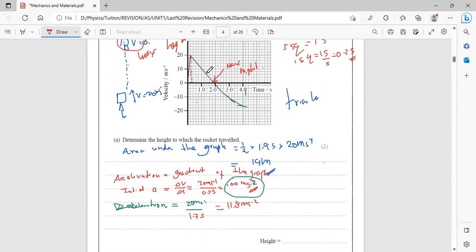Then it decelerates in the second part. So that can be found from the gradient of this part of the graph. Height is again 20. The time taken would be, it's 1.9 here, and it's 0.2 here.